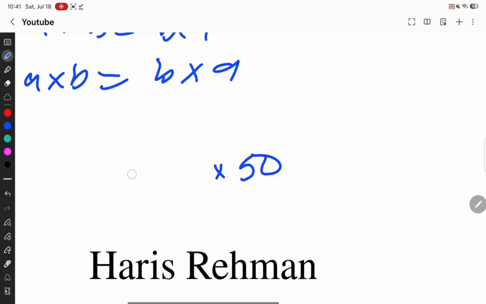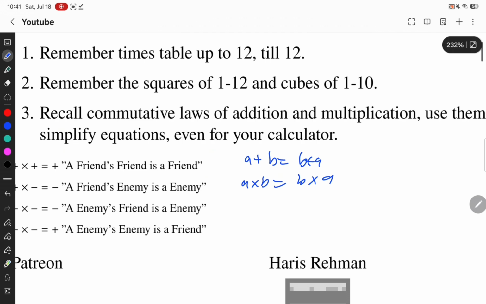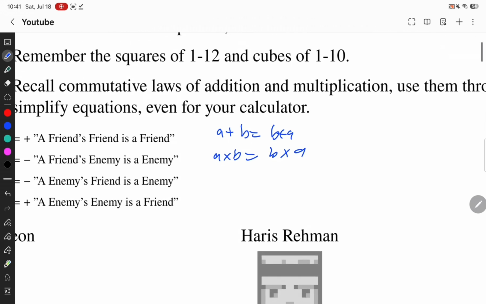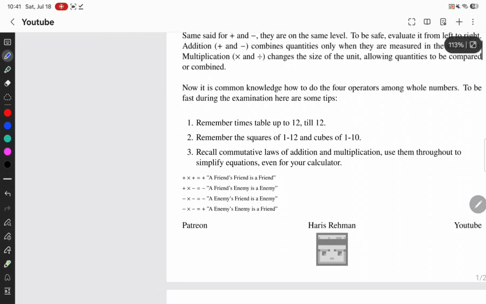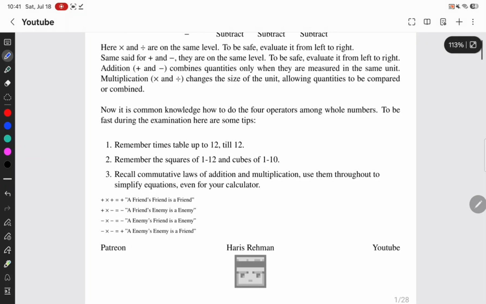This is 6, and then 300. See how I'm using rules together on top of each other. This is what you need to practice: using rules together simultaneously, to quicken things up.